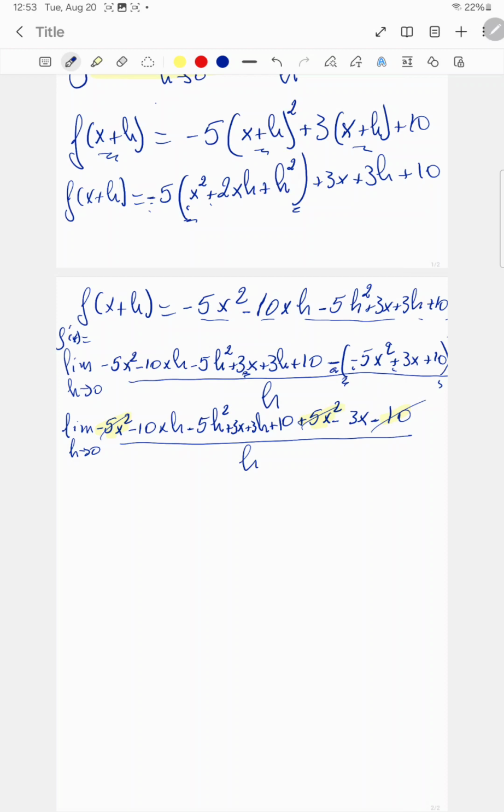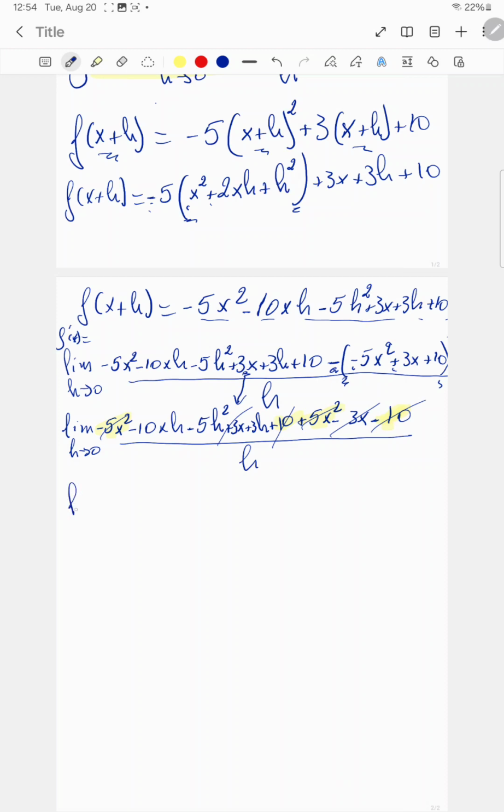So this plus 10 and this minus 10 is equal to 0, and this minus 3x and this plus 3x, because I forgot to copy this 3x here, is equal to 0.